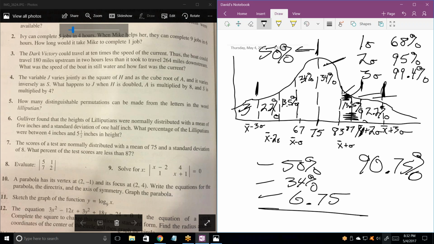And the one thing I know for sure is that 50% of the data is to the left of 75. So all I got to do is add this zone from 75 to 83 and the zone from 83 to 87 to that 50%. And that's what I've done down here. That makes more sense.